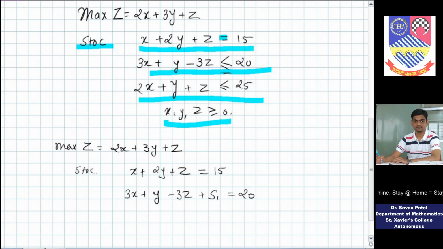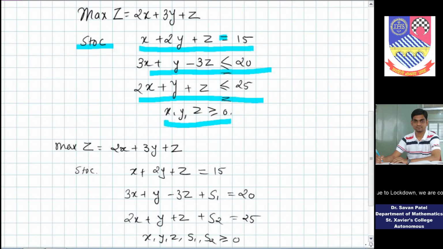Now in the second constraint again we have less than or equals to sign, so we add a slack variable: 2x plus y plus z plus s2 is equal to 25, and x, y, z, s1, s2 are greater than or equal to 0.